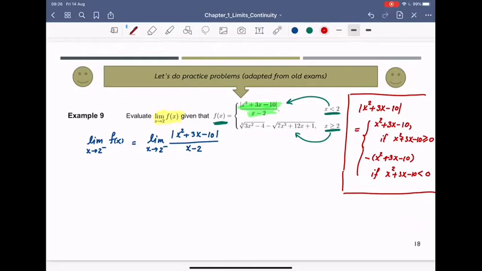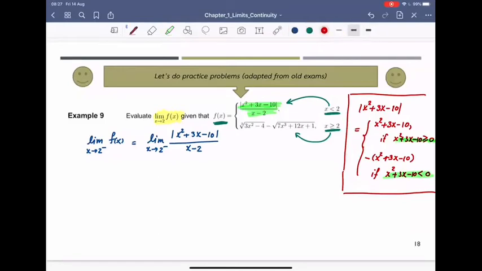If you plug in 1.99999, something that is close to 2 from the left, into the inequality here, you're going to see that x squared plus 3x minus 10 is less than or equal to 0. So that means you have to use the condition on the bottom.